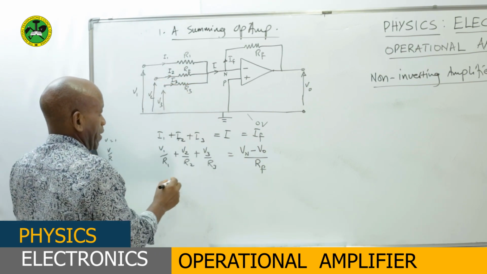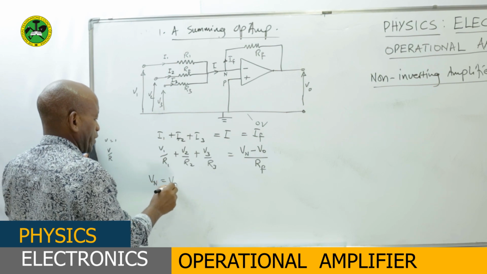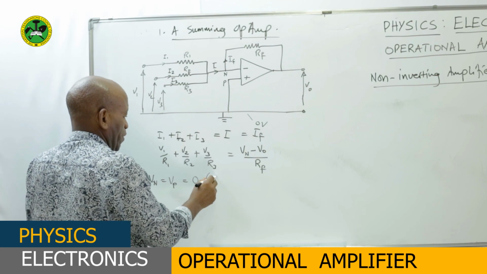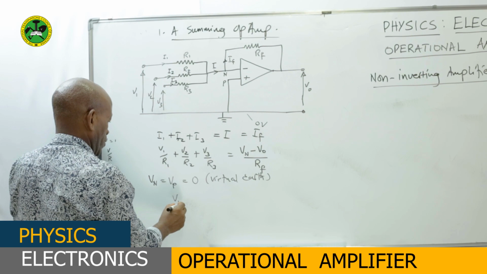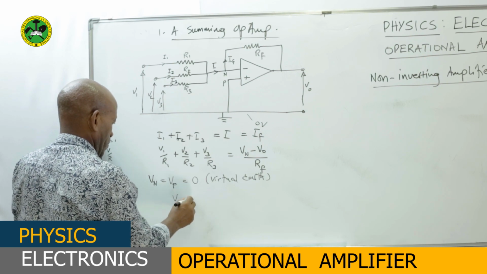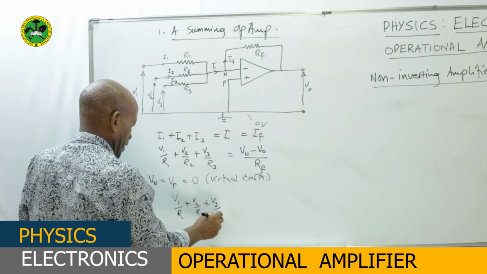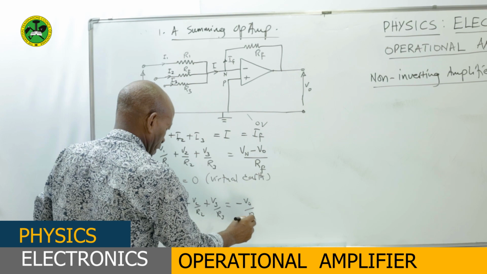But remember, the voltage at point N is equal to the voltage at point P, which is equal to 0 because it is virtual earth. So we have V1 over R1 plus V2 over R2 plus V3 over R3 equal to minus V0 over RF.